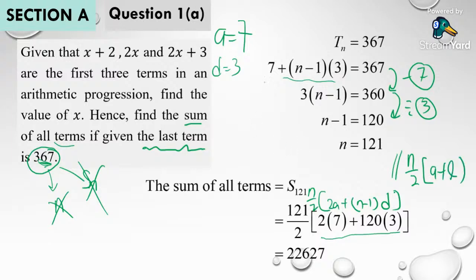Your l will be the last term here, 367. But you should get the same answer. So be careful on reading the questions. Many students make mistakes on this part, where they don't really understand the meaning of 367.